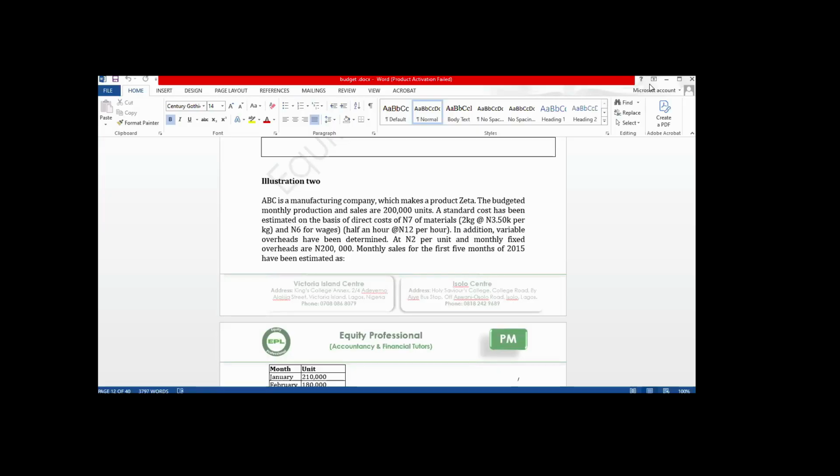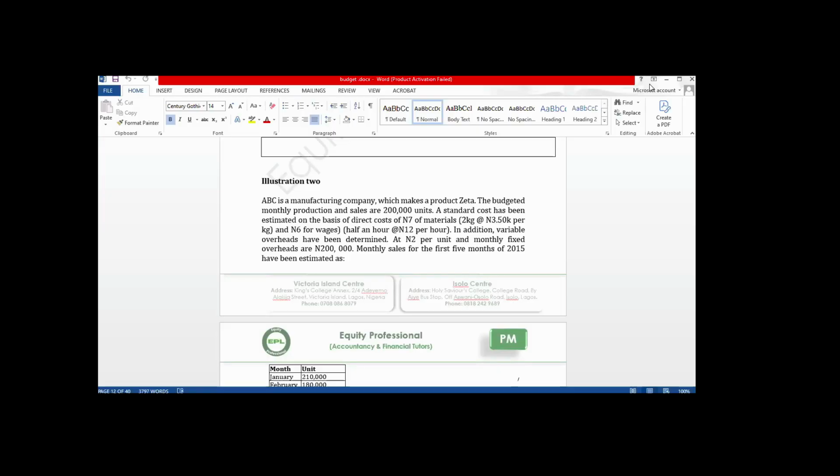To produce 1 unit, labor requires half hour. That is 30 minutes. Half hour is 0.5 hour. Labor rate per hour is 12 naira. 0.5 multiplied by 12 naira per hour will give you 6 naira per unit.